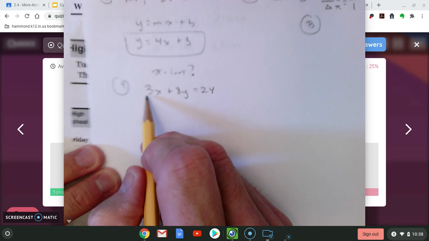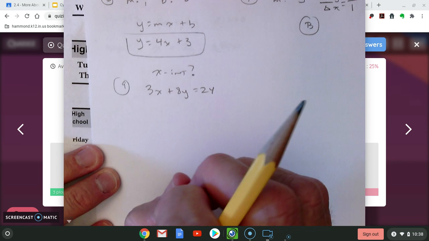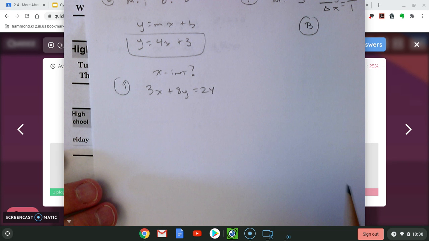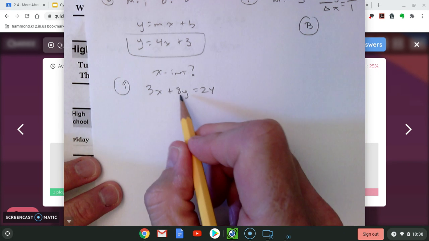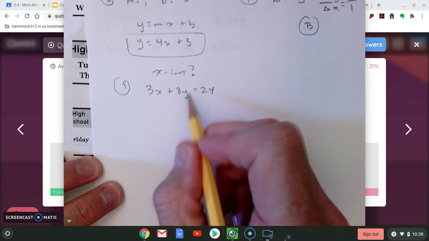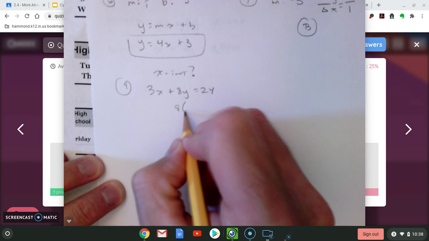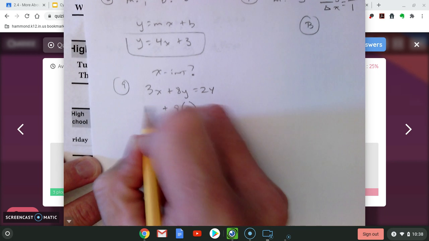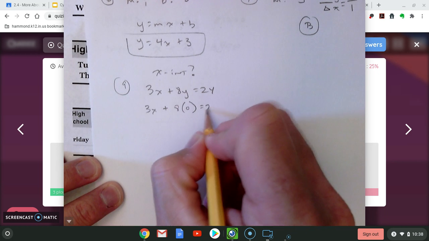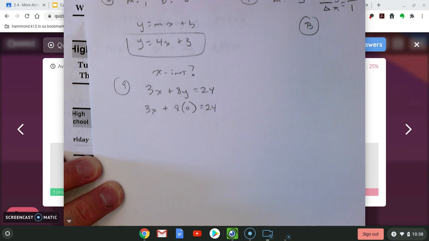Every point that's on the x-axis has a y-coordinate of 0. It's going to be x comma 0. So another way to think about that is if we substitute 0 in place of the y and solve this for x, it will tell us what the x-intercept is.